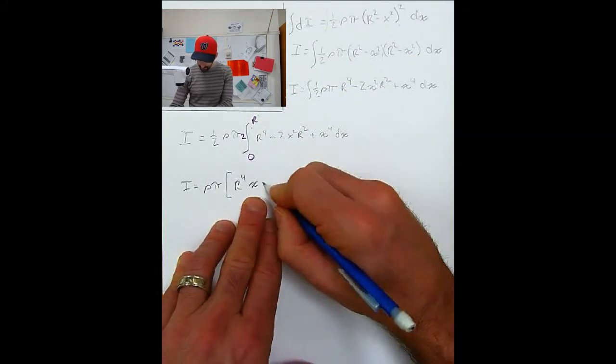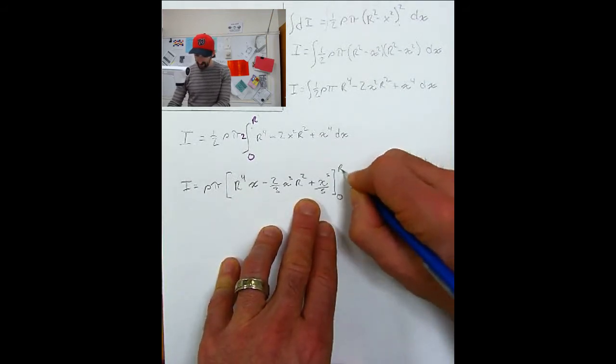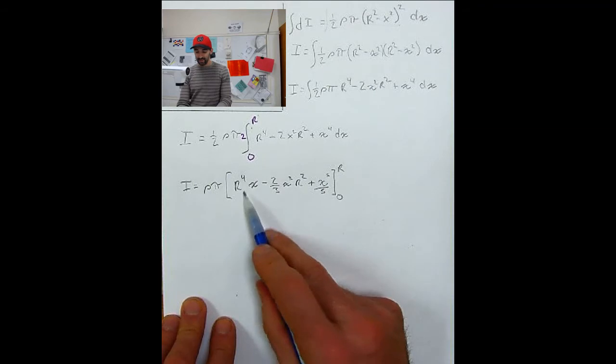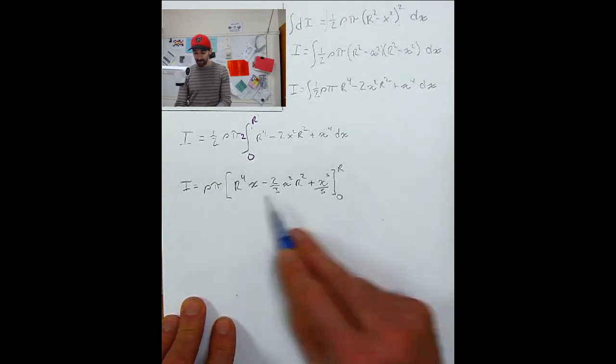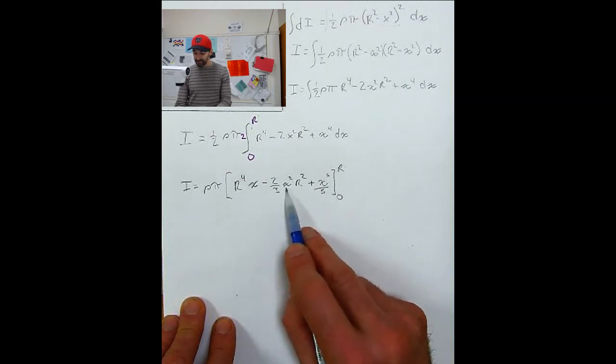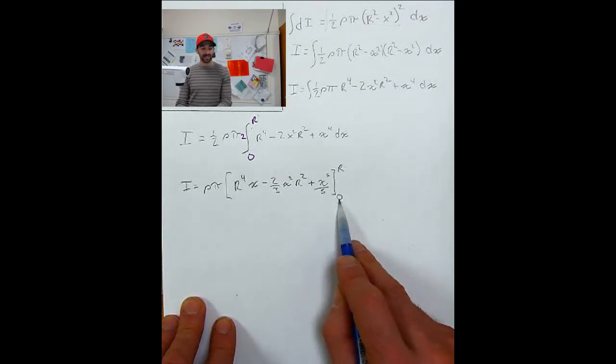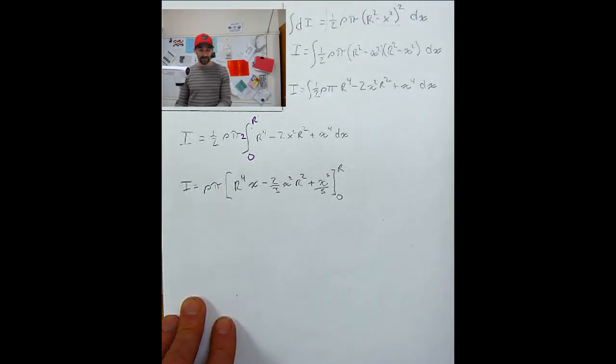I'm going to say from 0 to r. And now, as you saw, this is where it's easy to come from. Plug r into there. That's going to be r to the 5th minus x cubed is going to be r cubed. That's going to be 2/3 r to the 5th plus r to the 5th over 5. That 0 is going to be minus all those 0 terms.